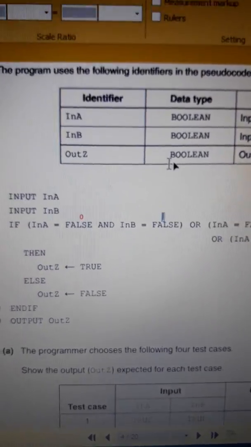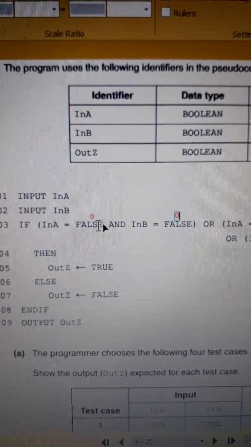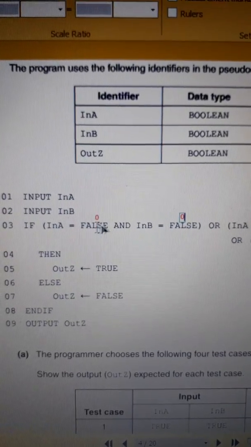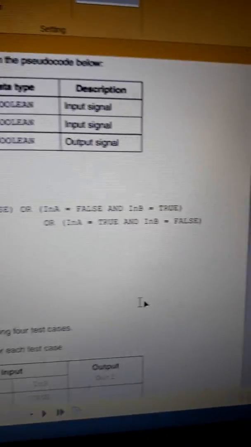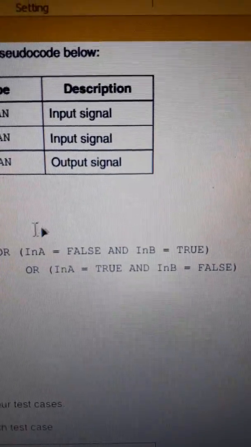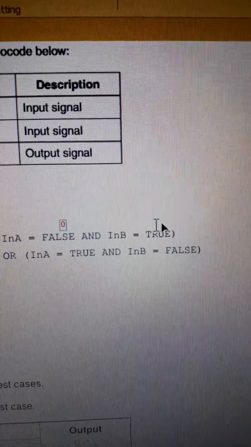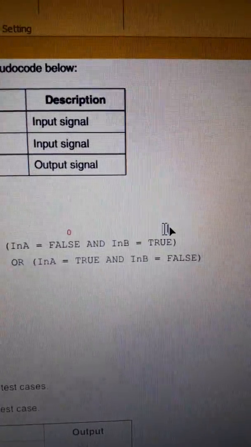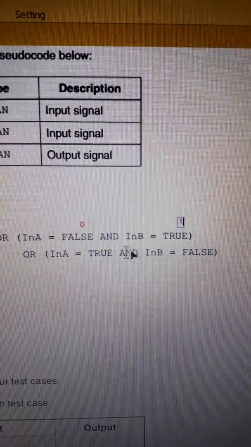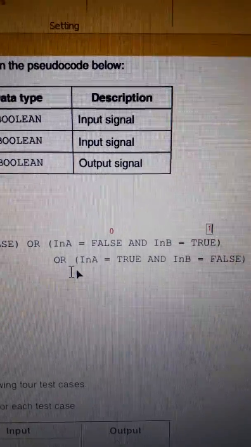So that means this is the first possibility if we have zeros coming in from both the input variables. Or the second possibility is input A is false, meaning 0, and input B is true, meaning 1.